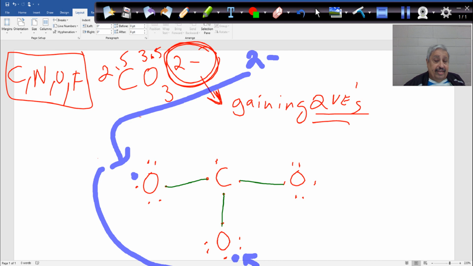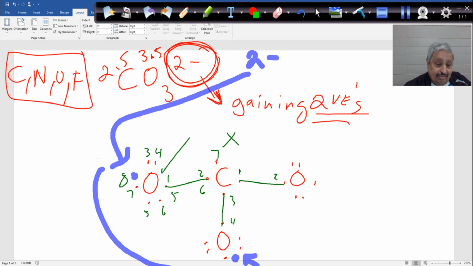Well, it looks like carbon has 7. Carbon has 7. 1, 2, 3, 4, 5, 6, 7. No octet rule. That's bad, correct? How about this oxygen? 1, 2, 3, 4, 5, 6, 7, 8. This one is good. Octet.